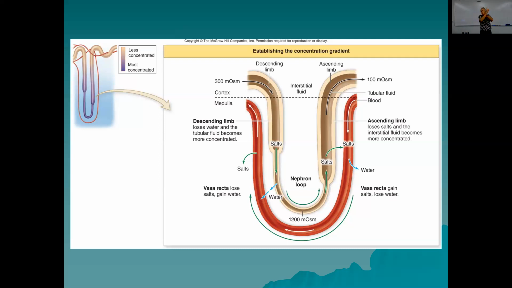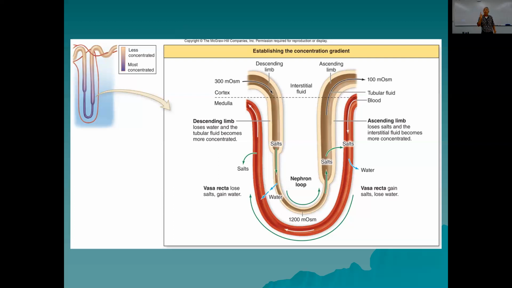It's called a countercurrent system, so that the blood that comes into the medulla, water leaves the descending part of the vasa recta, and the blood in the base of the vasa recta is 1,200 milliosmoles.